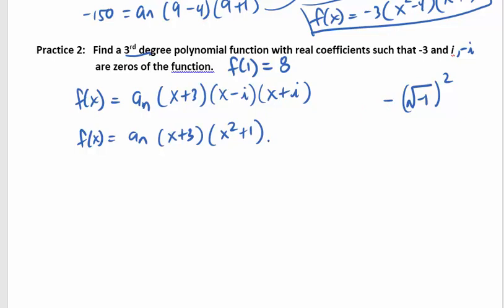All right, at this point now I'm ready to plug this information in here to find out what my a sub n is. So when I evaluate the function at 1, I'm supposed to end up with 8. So we know that f of x is 8, and that's when I plug a 1 in here. So 1 plus 3 times 1 squared plus 1.